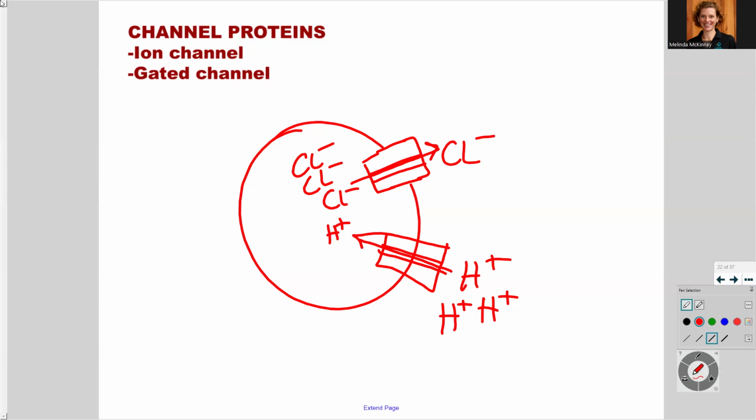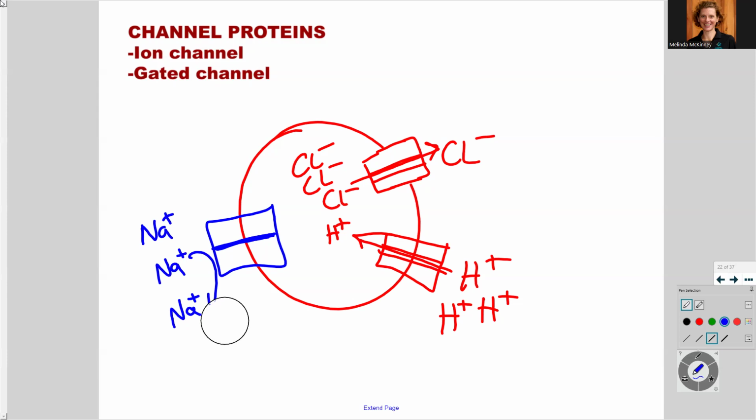Now, sometimes these channels can open and close. So you might have a channel, here's a channel over here, and it's basically locked. Most of the time, say sodium, even if there's a whole bunch out here, can't go through because this is blocked. But if a certain signal binds to it, or maybe a voltage change, it's going to open up and it will allow the sodium in.